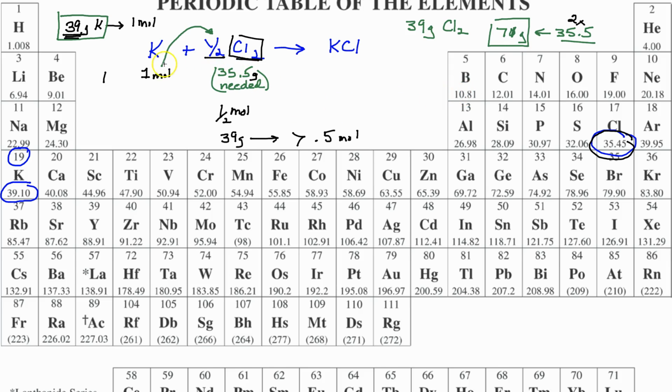Since the stoichiometry is 1 to 0.5, in order for all of the potassium to disappear, I need at least 0.5 moles, which was equal to 35.45 if you want to keep it there, or 35.5. But because we said we had equal masses, and we're choosing 39, clearly 39 is greater than the 35.5 value, which is the 0.5 mole.